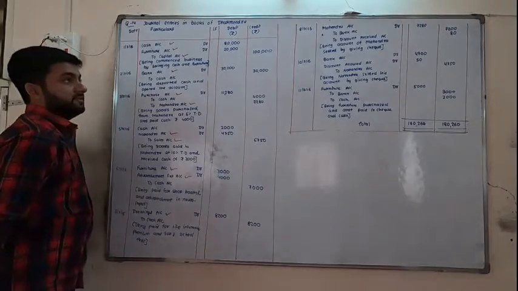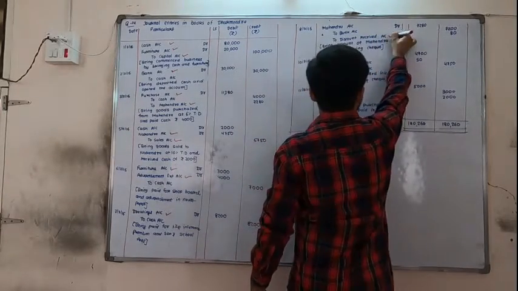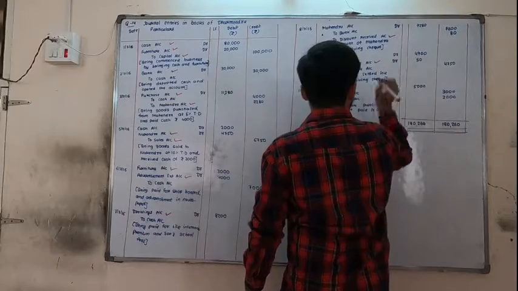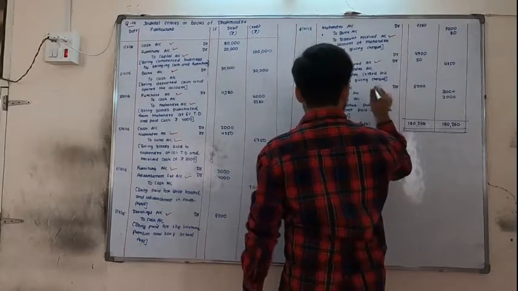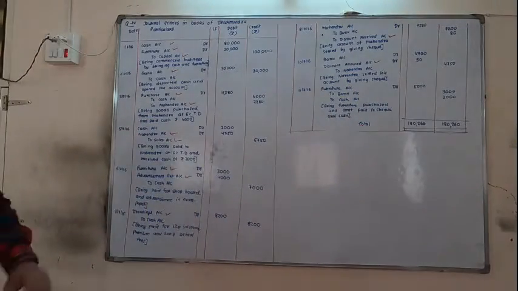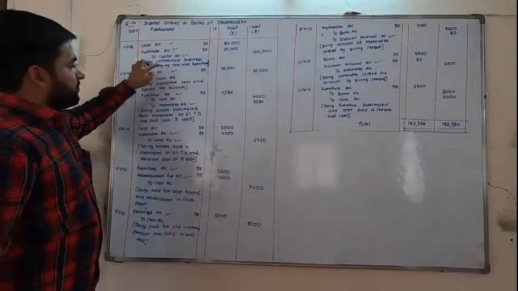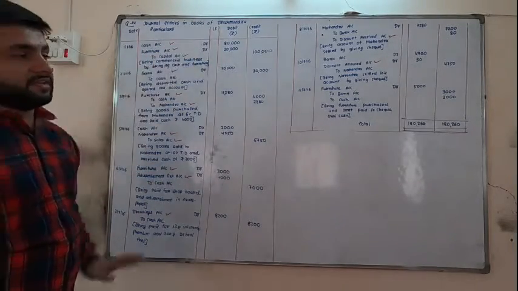Drawings, cash is repeated. Mahendra, bank are repeated. Bank, okay, discount received, discount allowed. Then Narendra is repeated. Furniture is repeated. Bank and cash is also repeated. So almost transactions are repeated only. So 1, 2, 3, 4, 5, 6, 7, 8, 9, 10, 11, 12, 13 accounts.